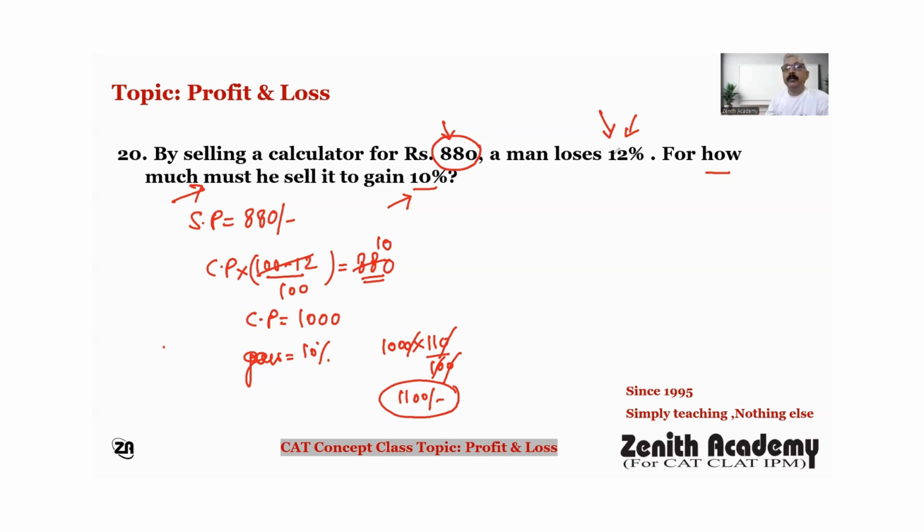If 12% loss, it means this selling price is actually 100 minus 12, 88% of the cost price. So this way you can find out the cost price, 1000, and then 10% gain, 10% of 1000 is 100. So 1000 plus 100 is 1100 rupees, or 110% of the cost price is equal to selling price.